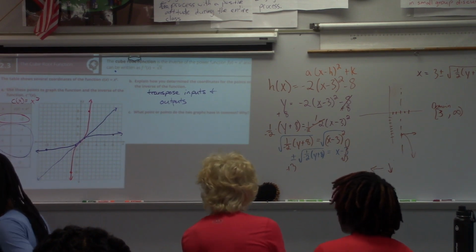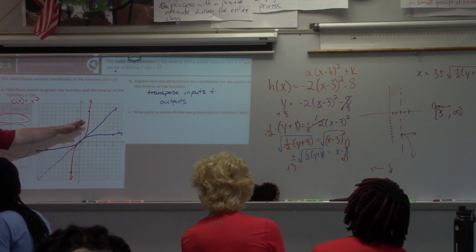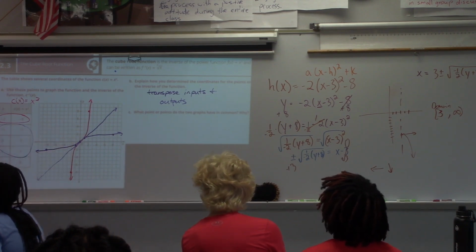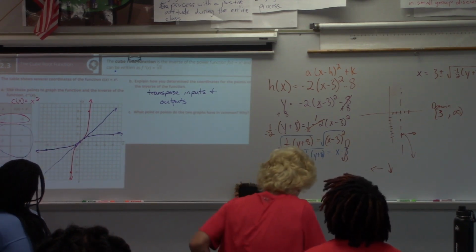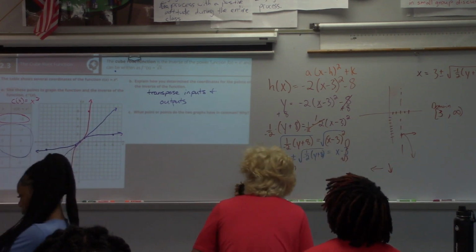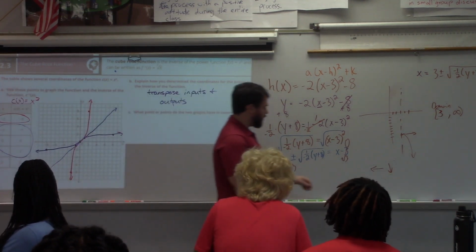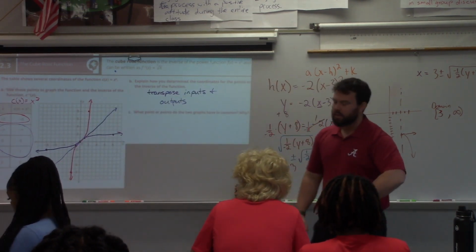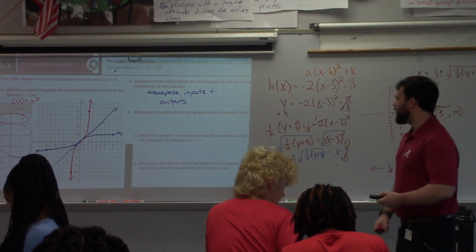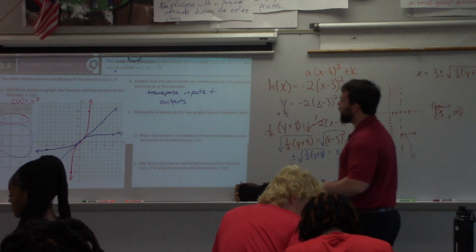And so when we transpose them, they are the same. And also remember, they are located on what important line? Y equals x. They're on the line of reflection. Right, so the inputs and outputs, when we transpose them, will be exactly the same, and they are a reflection across y equals x. So those are things we want to notice there. Make sure you have your original y equals x cubed and the inverse. Okay? And so I will point this out.